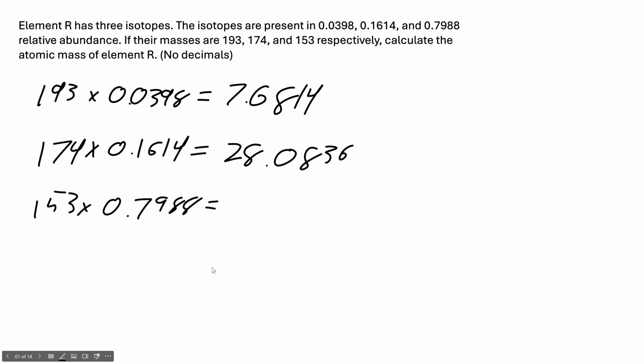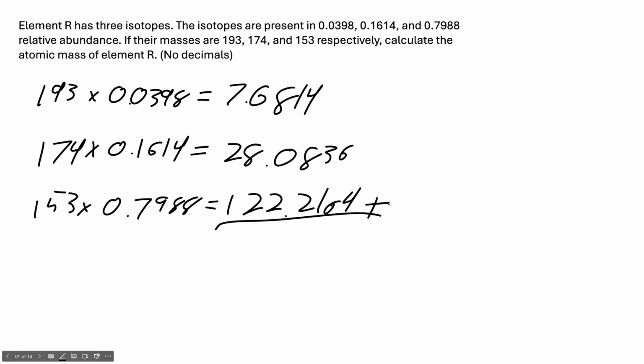And for the last value, I get 122.2164. Now what do we want to do with all of this information? Well, I'm just going to add all of these together, and that should give me the atomic mass of my element. 7.6814 plus 28.0836 plus 122.2164.